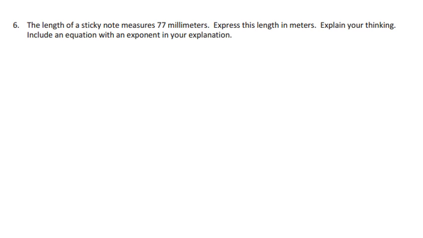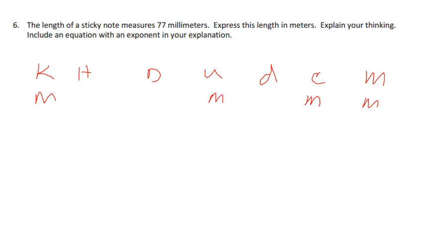Number 6, a length of sticky note measures 77 millimeters. Express the unit in meters. Explain your thinking using an equation with an exponent in your explanation. Okay, King Henry doesn't usually drink chocolate milk. Millimeter, centimeter, kilometer, and meter. Now, we have 77 millimeters, and we want to change that to meters.